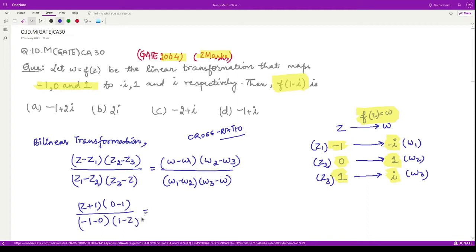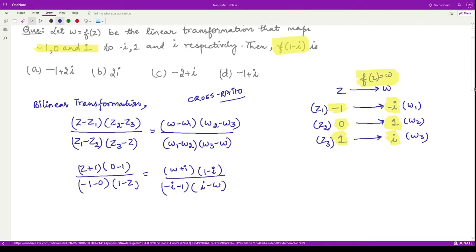And similarly for w, we have w plus iota, and then we have w2 is 1 minus iota divided by w1 is, we have minus iota minus 1, and then w3 is iota minus w. So these are the values.